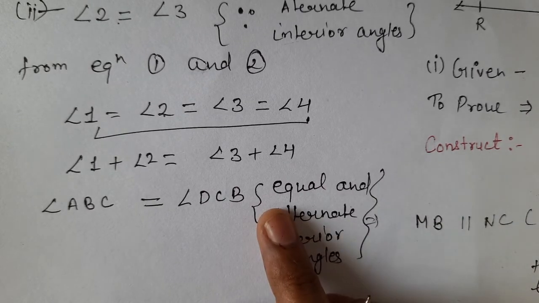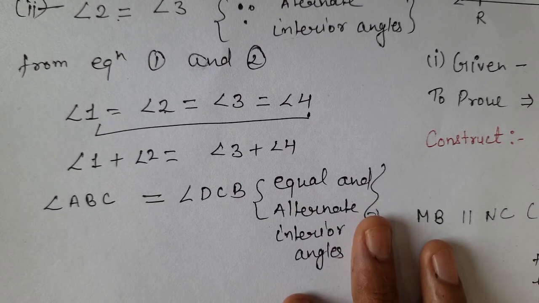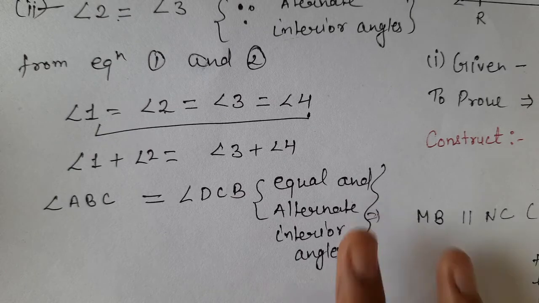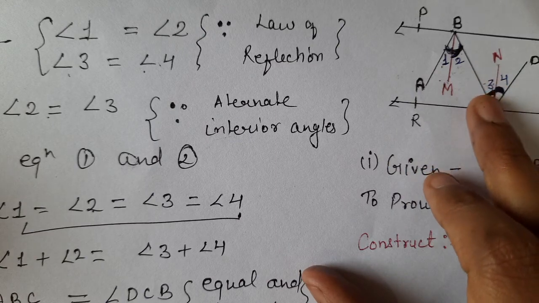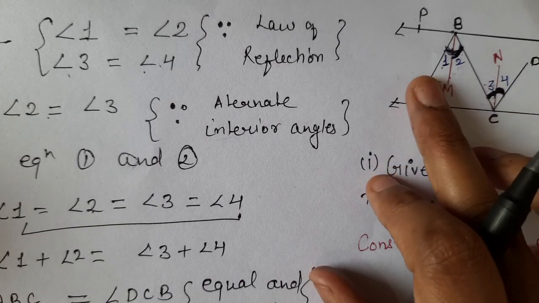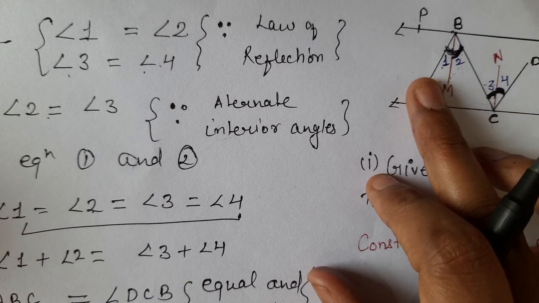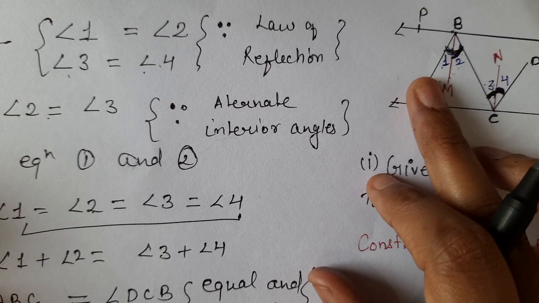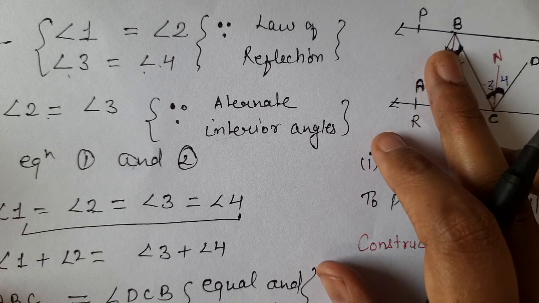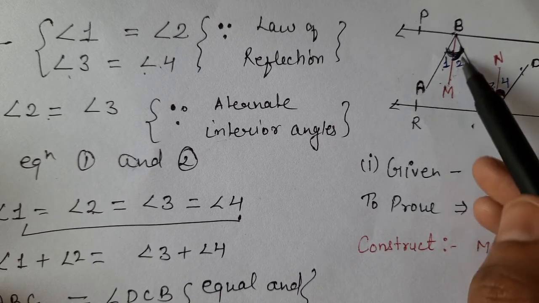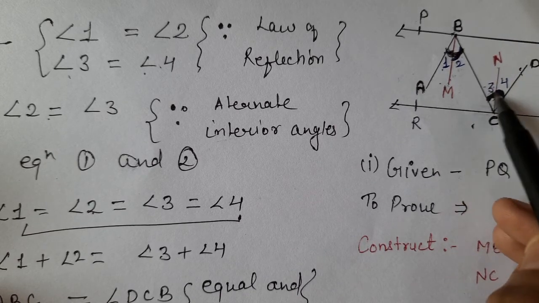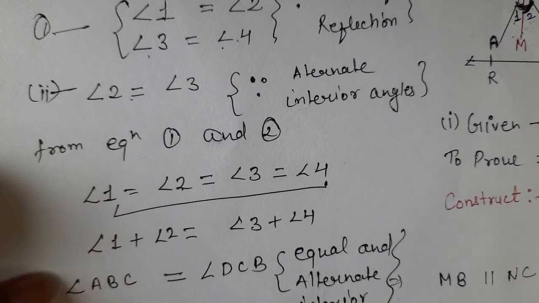This situation happens only when the two alternate interior angles are equal, then the lines are parallel to each other. The lines which are making these angles, that is AB and CD, are making these interior angles. So these are equal from here.